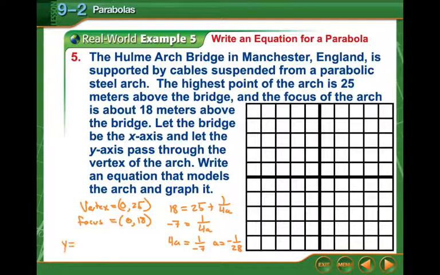So it's y equal to that negative 1 over 28 times x squared. We don't really have to have the parentheses, actually. And that's going to be plus 25.